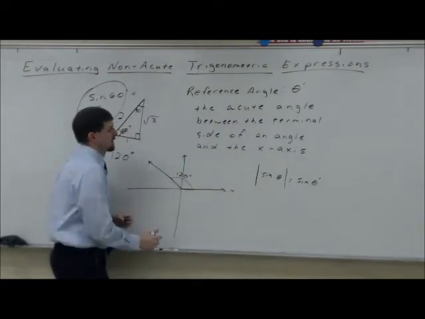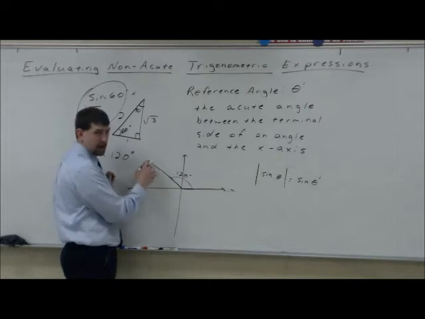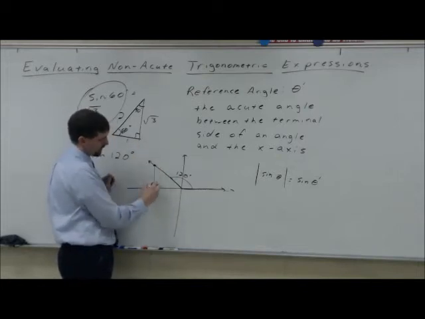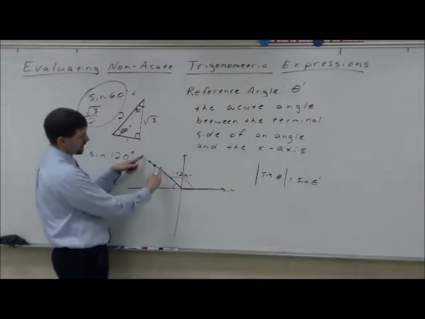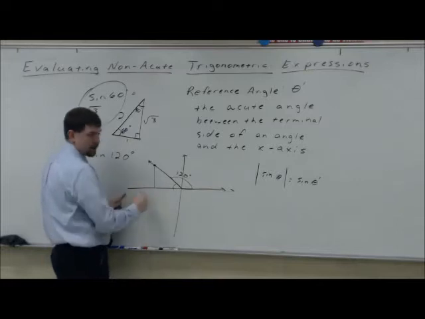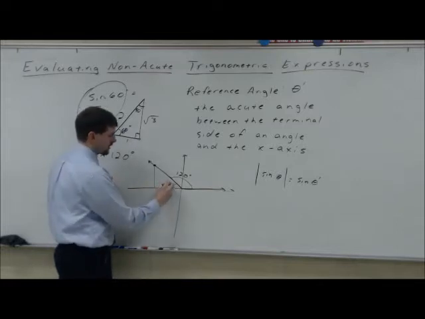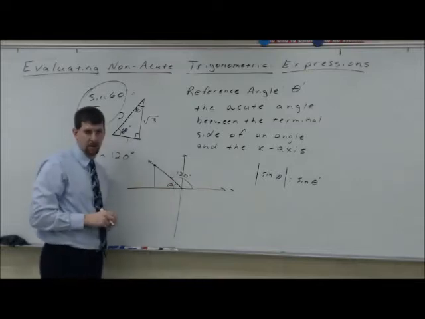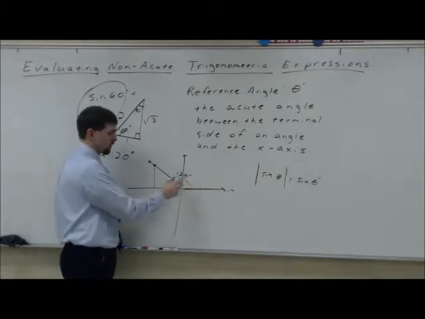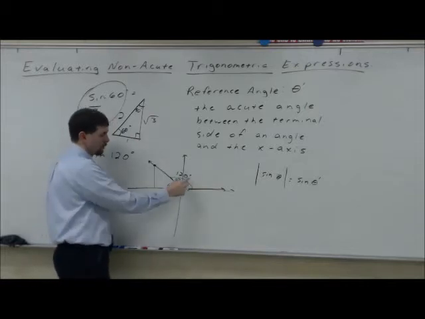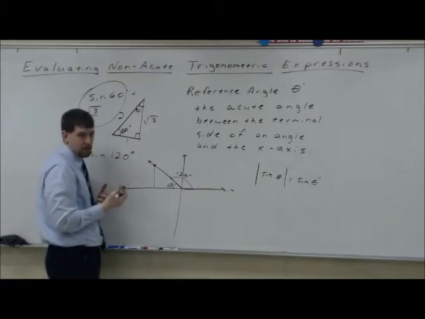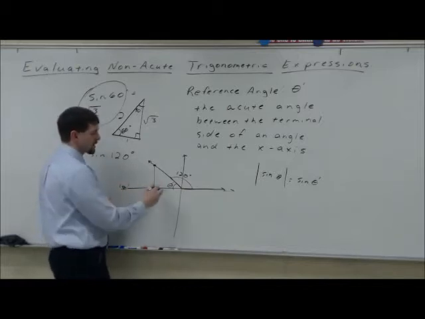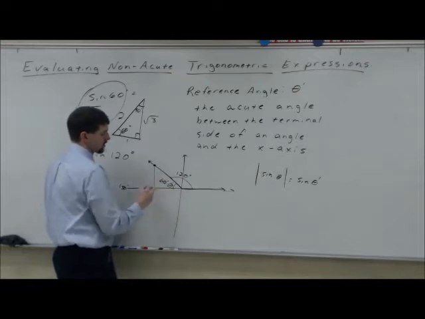What all that means is if this is my terminal side, and say I had just dropped a point straight down to the x-axis, the angle between the terminal side and the x-axis is going to give me my reference angle. Well, what's the reference angle for 120 degrees? What angle is between 120 and 180 degrees? We just subtract. It's the supplement, and that's going to be 60 degrees.